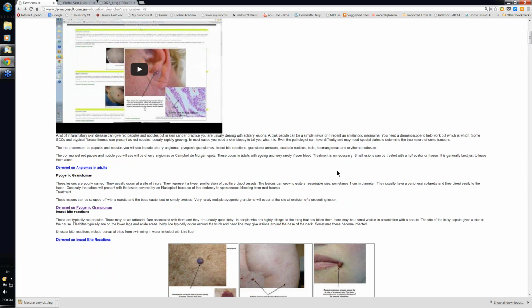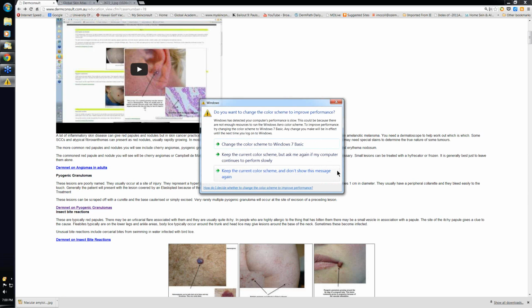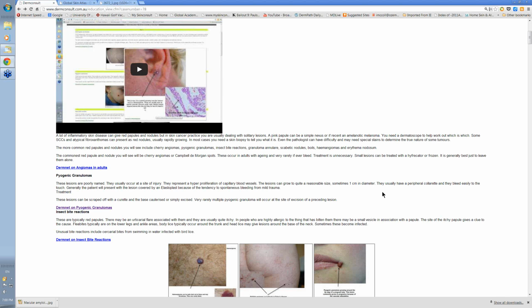Now, I've said there that these are primarily poorly named lesions. They're seen particularly in pregnant women and they're seen in young children. In pregnant women they probably arise because of the angiogenesis factors that are involved in pregnancy.